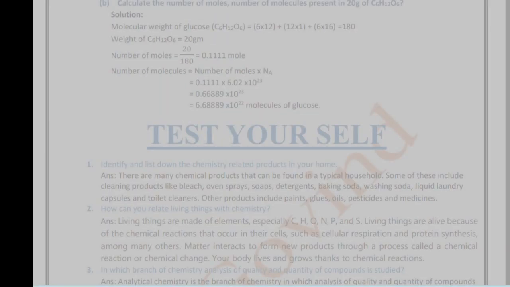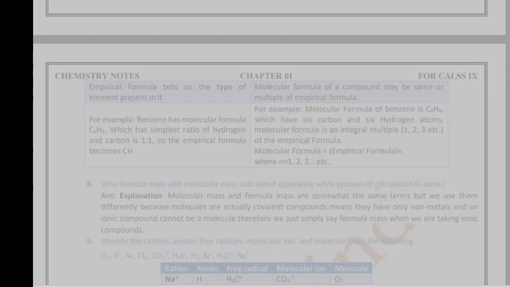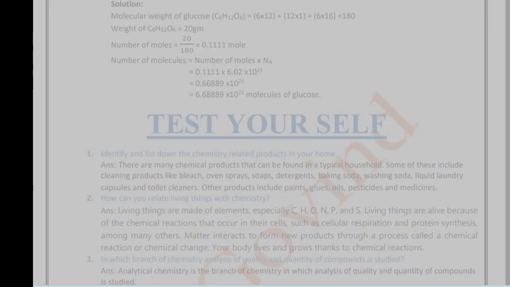Chemistry Notes Chapter 01 for Class 9. B. Calculate the number of moles and number of molecules present in 20 g of C6H12O6. Solution: molecular weight of glucose, C6H12O6, equals 6 × 12 + 12 × 1 + 6 × 16 equals 180. Weight of C6H12O6 equals 20 gm.